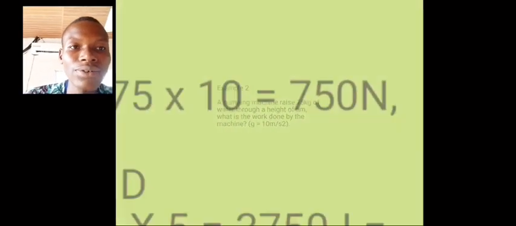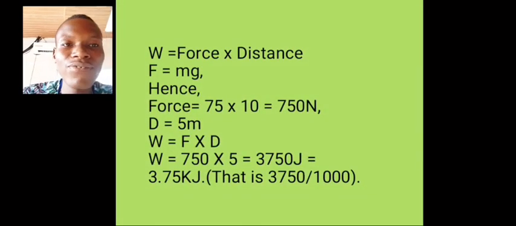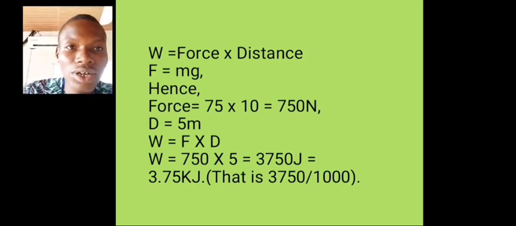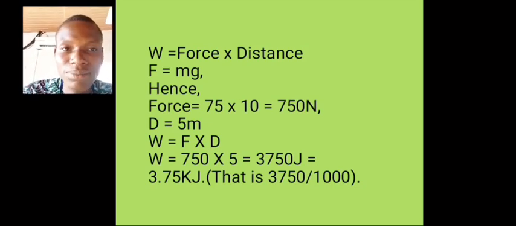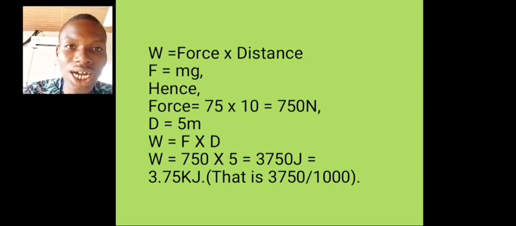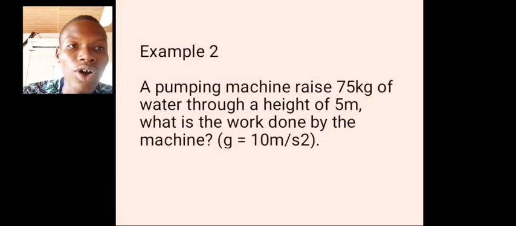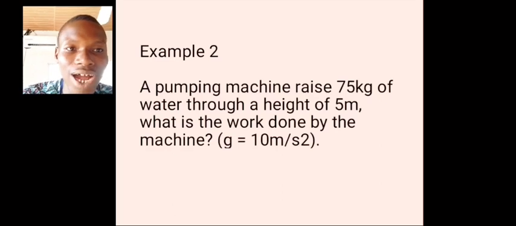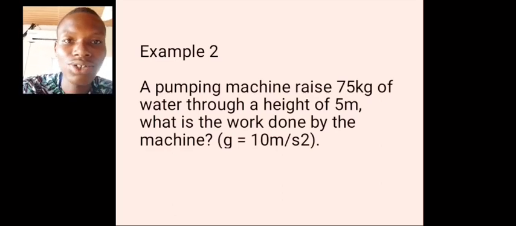Alright, so let's go. First, write your formula, we're looking for the work done. So work done is force times distance, and force is mass times acceleration. Your acceleration is that g there. g is acceleration due to gravity. Hence, your force is the mass, which is 75, multiplied by your acceleration, which is 10.